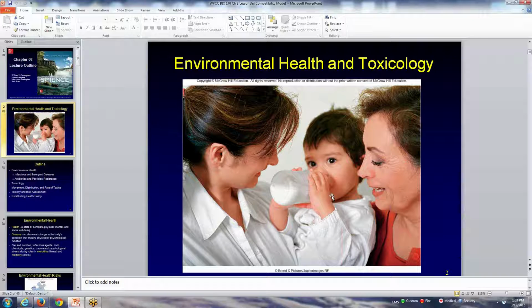We'll be looking at how different substances, and not just substances, it can be a lot of things, but any kind of external factor that causes disease is addressed by environmental health. And so we'll be looking at external factors that can come in, say, to this little toddler's body and affect his or her health. And so BPA, bisphenol A, is one that has many potential health effects.